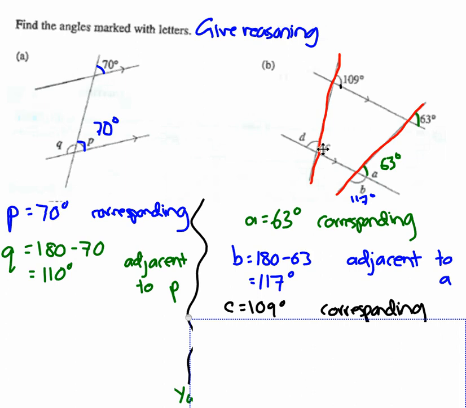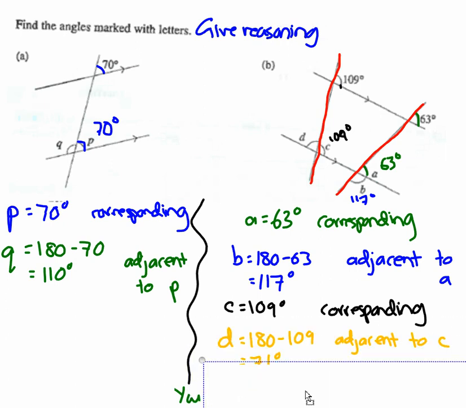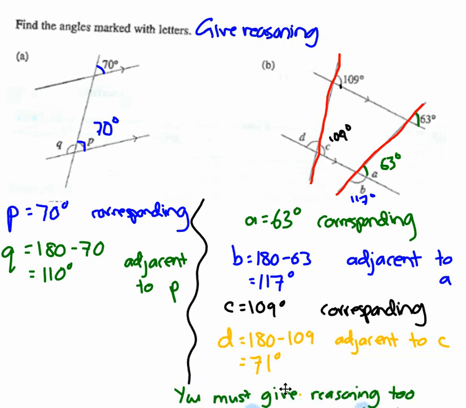Might be helpful to write it in, 109, which enables you to work out D. The only relationship D has with any of these is D and C are adjacent. So same set of reasoning as before. D equals 180 minus 109, because those two add up to 180 degrees, equals 71 degrees.